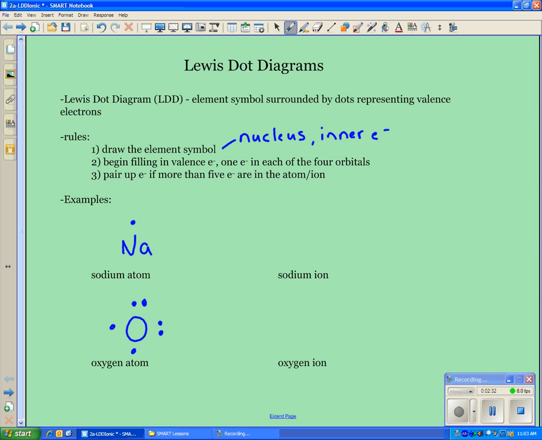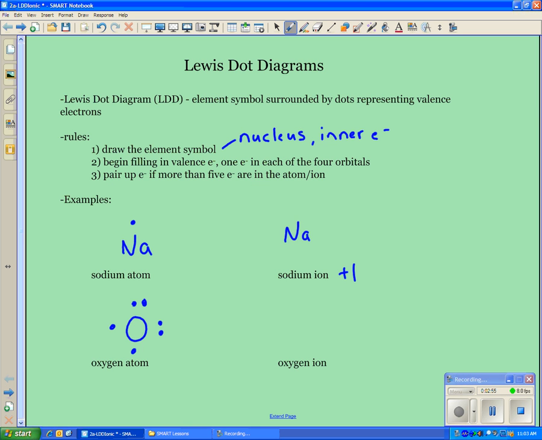The next example to the right is the sodium ion. We need to know the charge of the ion to know whether we've lost or gained electrons and how many. Sodium ion has a charge of +1. So again, we want the element symbol Na. The charge of +1 tells us that this ion lost 1 valence electron.